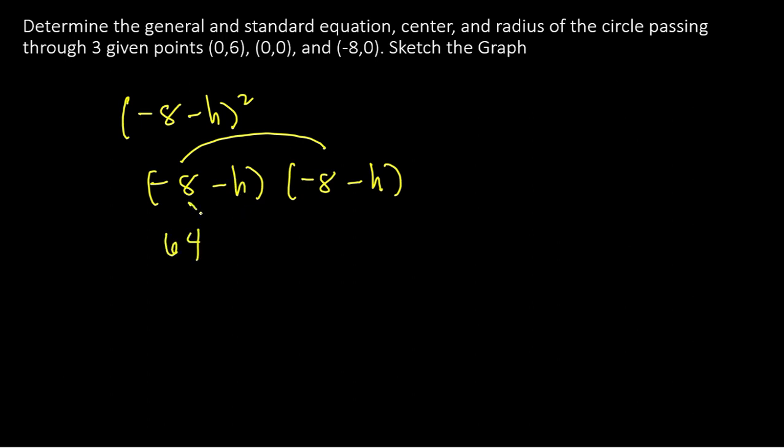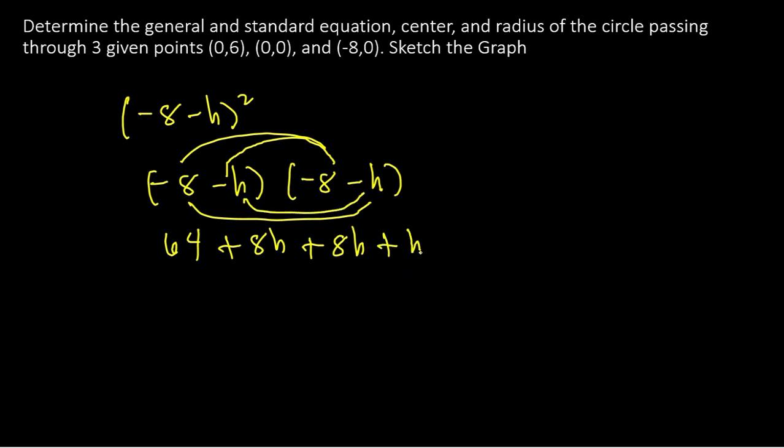Outer term: negative 8 multiplied by negative h, we have positive 8h. Inner term: negative h multiplied by negative 8, we have positive 8h. Last term: negative h multiplied by negative h, we have positive h squared.